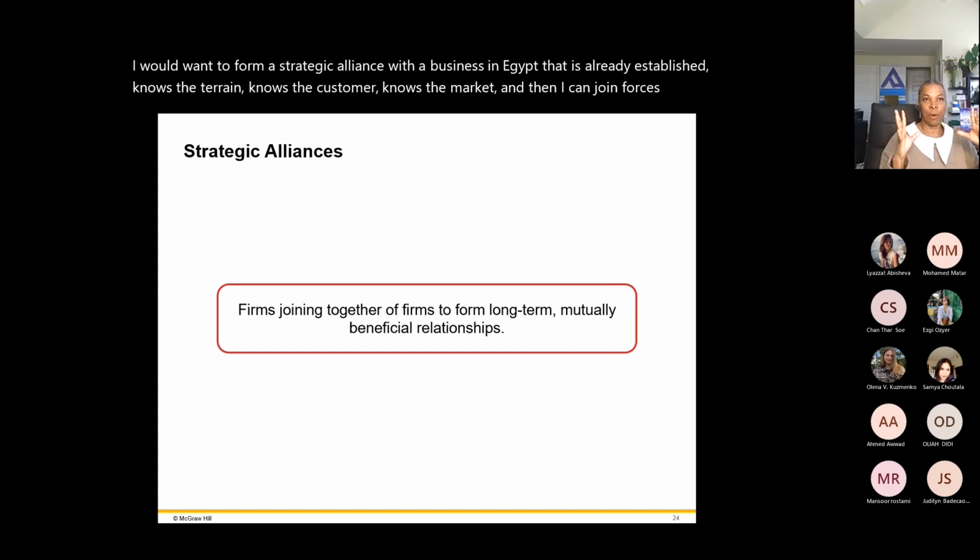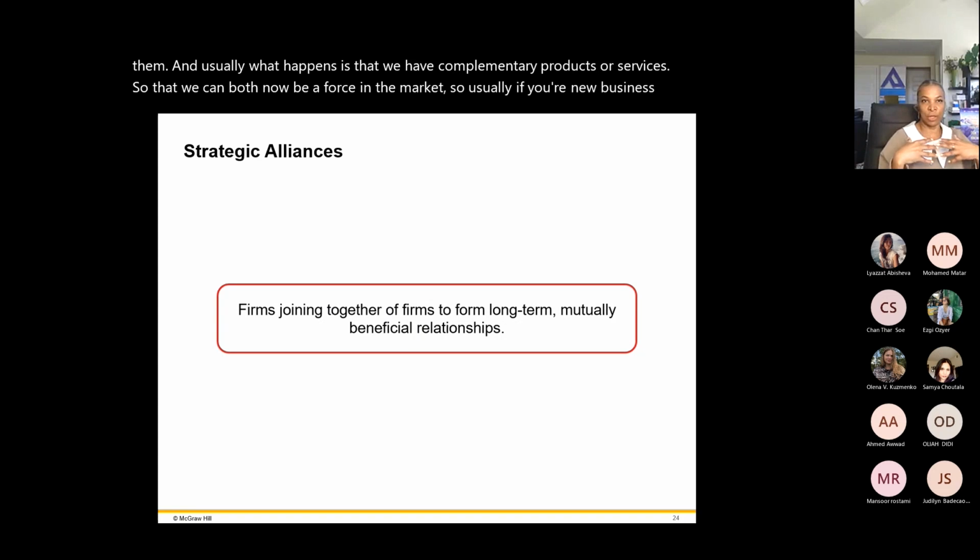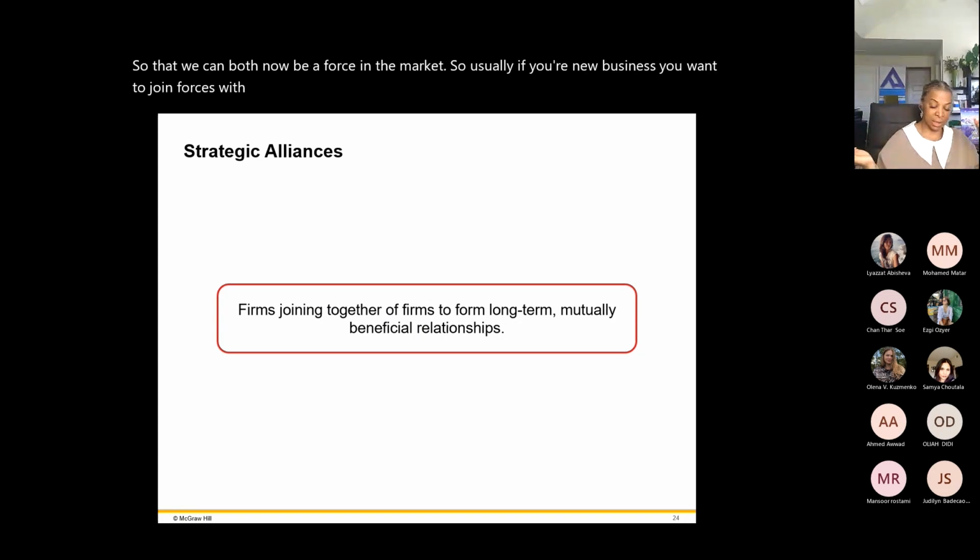And usually what happens is that we have complementary products or services so that we can both now be a force in the market. So usually if you're a new business, you want to join forces with an existing business.